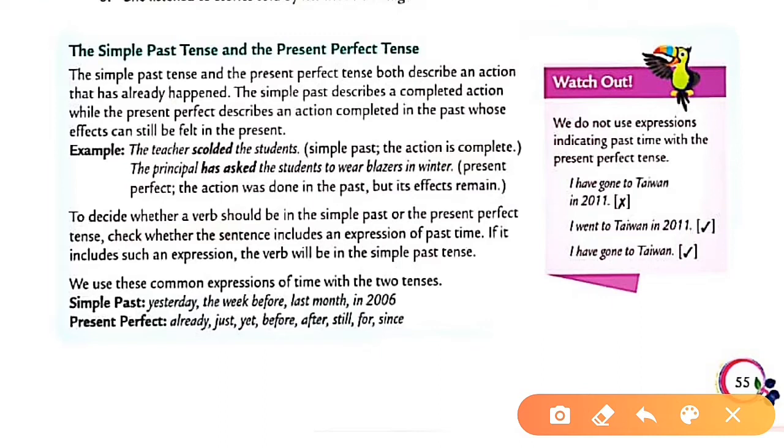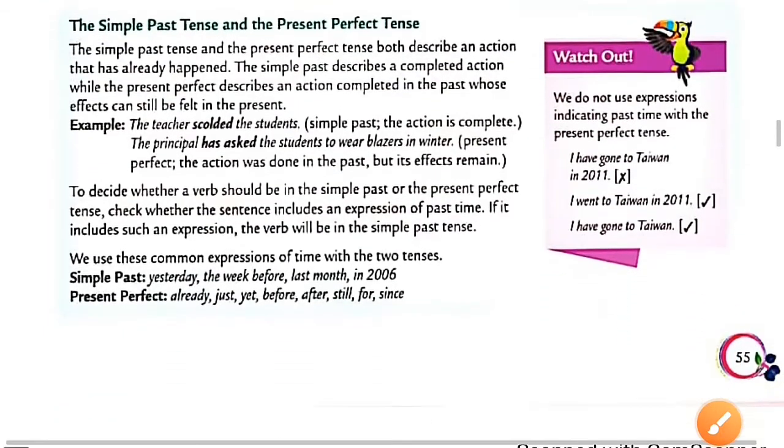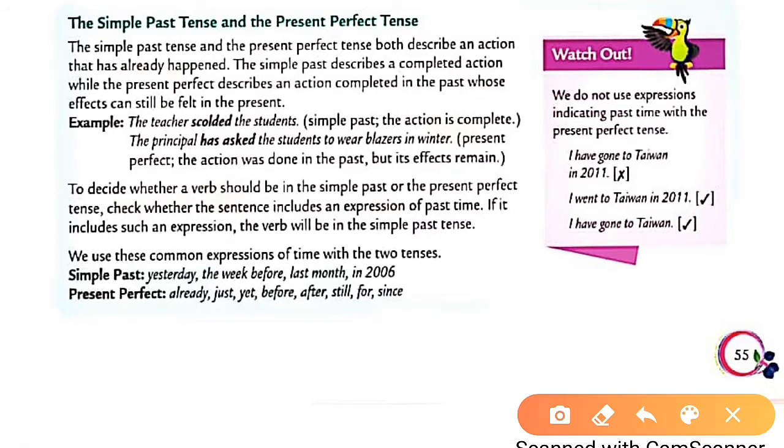We discussed up to part B, now move to the next. From here, simple past tense and present perfect tense. What is the difference between them? We already discussed present perfect tense in our earlier video, chapter number 7.